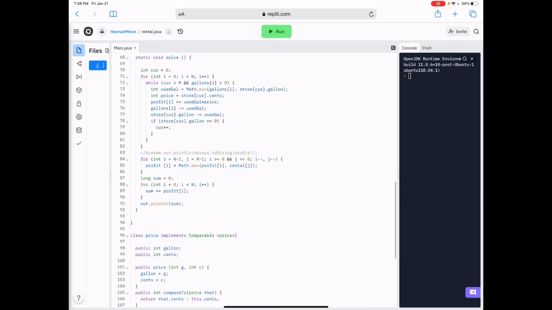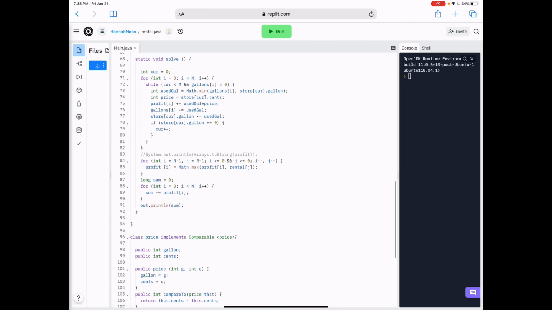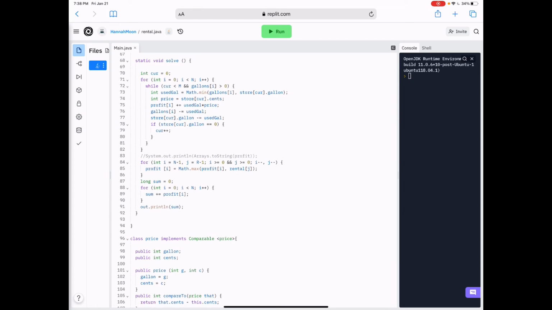Now, I have used gallons. For example, in the first test case, you have 10 gallons that the store wants to buy, but the highest amount of gallons that a cow can produce is 7. So you can only fill 7 of those 10 gallons, which is why I'm checking that, and taking away 7 after I count it.